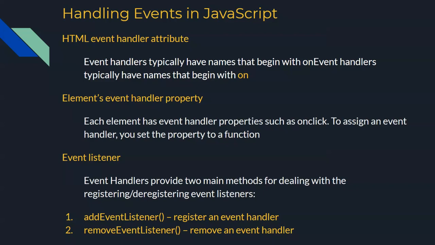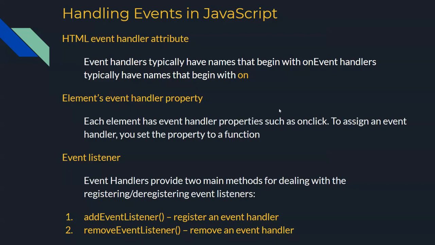So there are three ways of handling an events in the JavaScript. First approach, the most commonly used, that is HTML event handler attribute. So in which we typically add an attribute to our HTML tag, and on click of that we call that particular function.